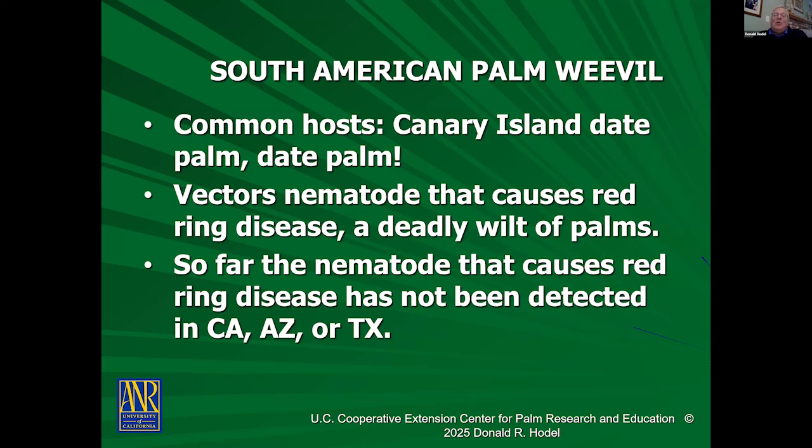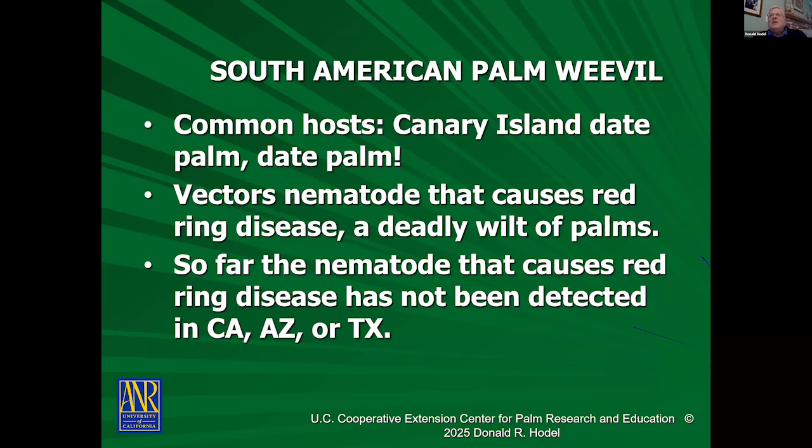The South American palm weevil also vectors a nematode that causes a disease called red ring disease, which is a deadly wilt disease of palms. So far, the nematode has not been detected in California, Arizona, or Texas.